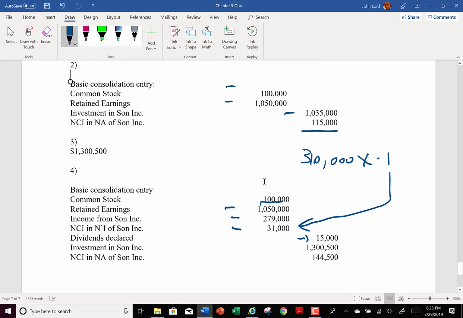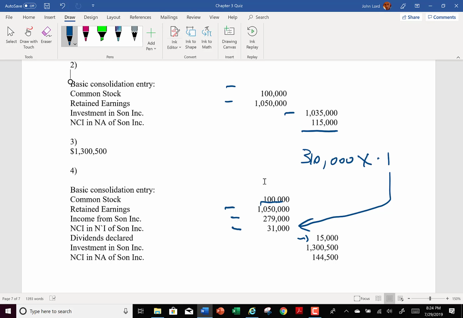Now, at this point, I could just plug the non-controlling interest, couldn't I? Okay, but let's just go ahead and figure out how that's going to work. The way I would do this is to figure out the, well, we know that the common stock is what?